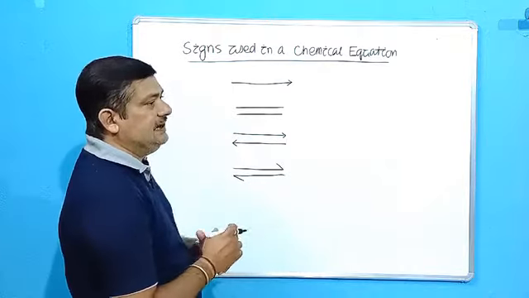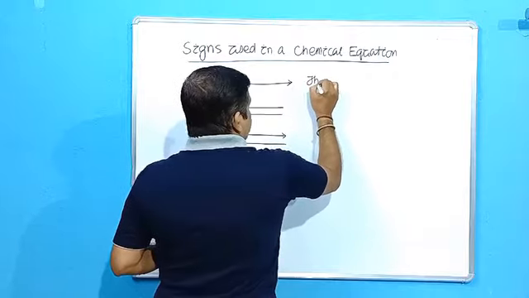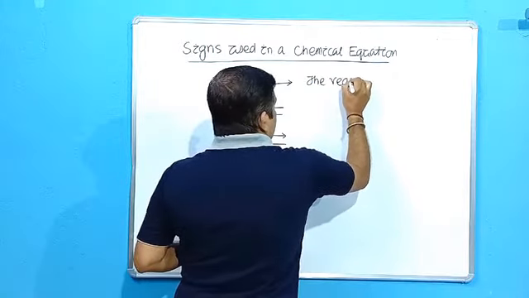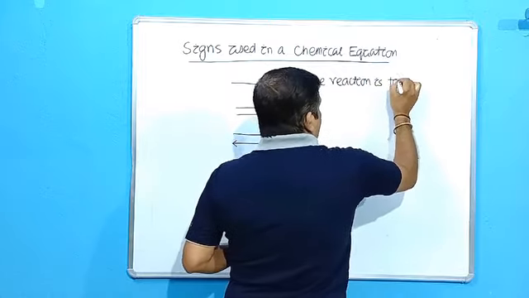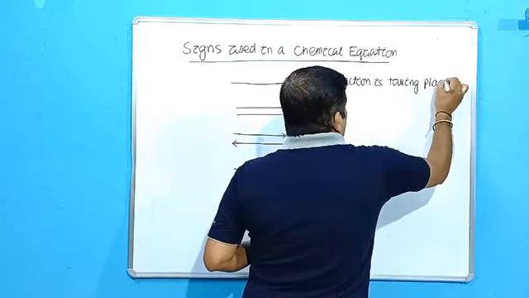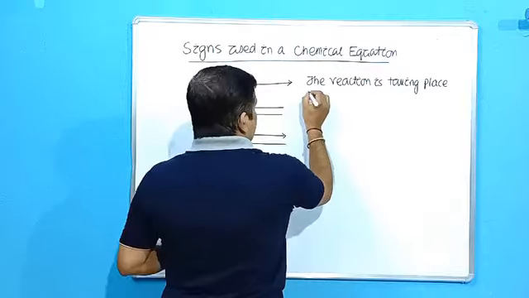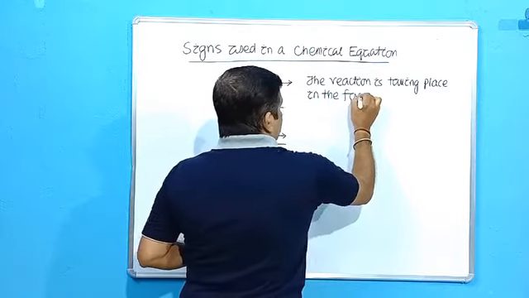So when there is a single headed arrow, it means that the reaction is taking place in the forward direction only.